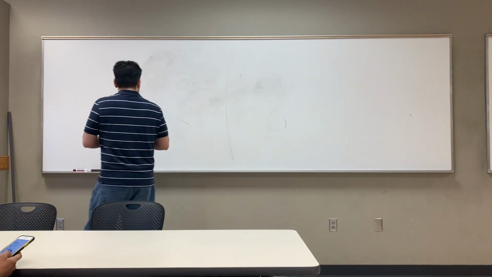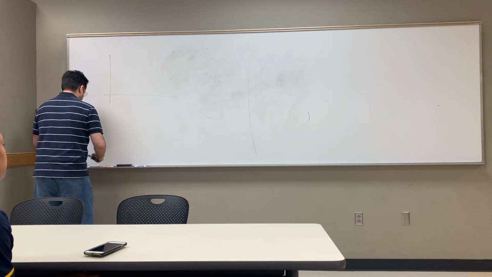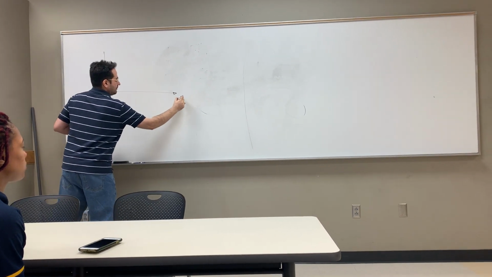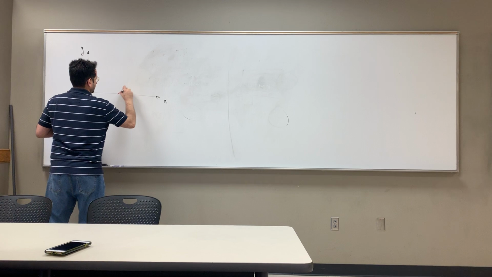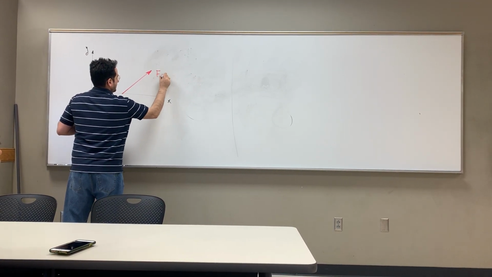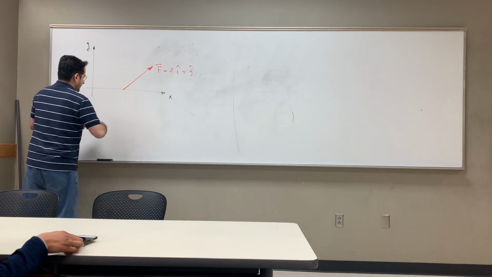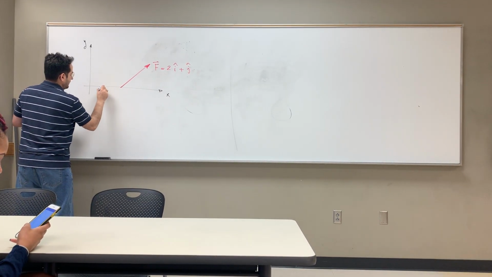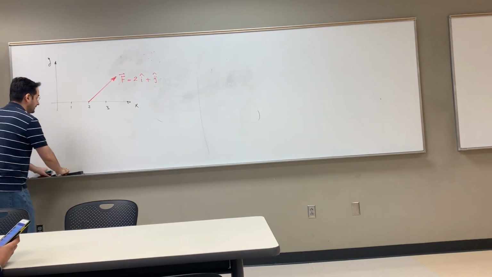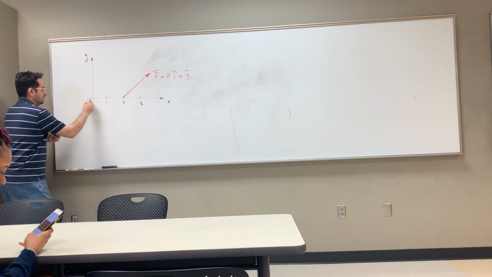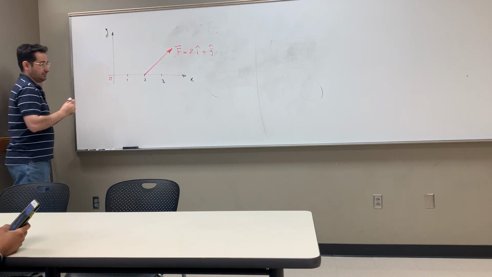So the way you do it, let's start with the example, right? Let's say you have x and y axis here, and you have a vector right here, and this vector is given as 2i plus 1j, for example, components given, and this distance, let's say, is 1, 2, 3, and this is point O, right?